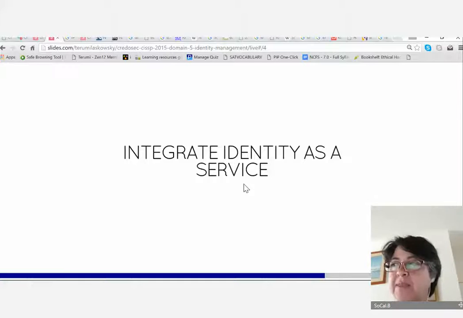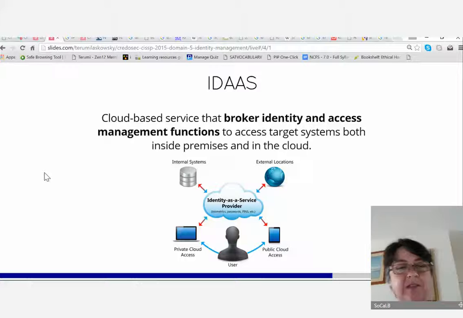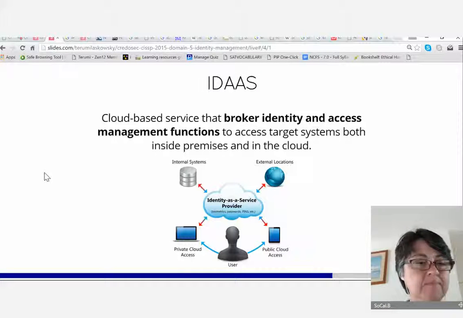All right. Identity as a service, IDaaS. So this is a cloud service. Christopher, is this the one you're talking about, when you say it's easier now because you use a cloud? Are you using IDaaS? Right. Okay.